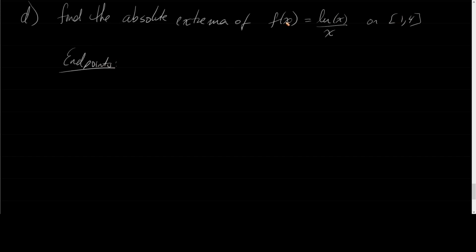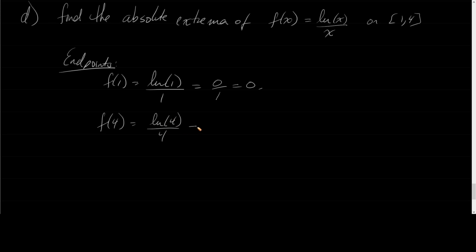The left endpoint is at 1, so f of 1 would be ln of 1 over 1. Well, ln of 1 is 0, so 0 over 1, which is just 0.